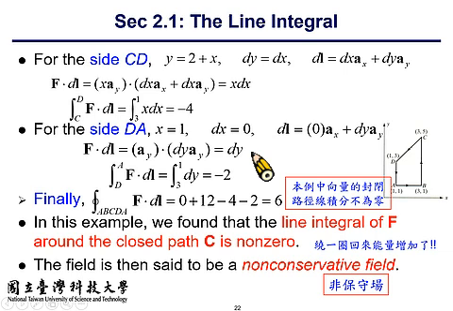So if F is an electrical field, and you happen to have 1 coulomb of electrical charge, on this path you will accumulate 6 joules of work. You will have some positive gain along this path.